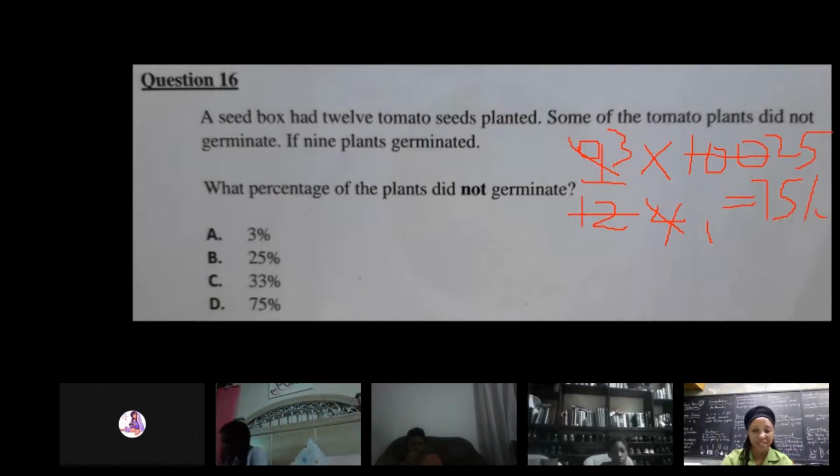So 75% germinated, and they want what percent did not. So you took the 75 from the 100%, and that's how you got the 25%, right? Is there another way we could have worked this?